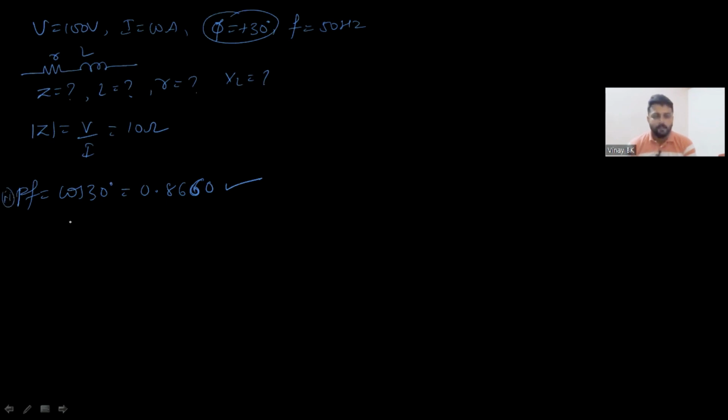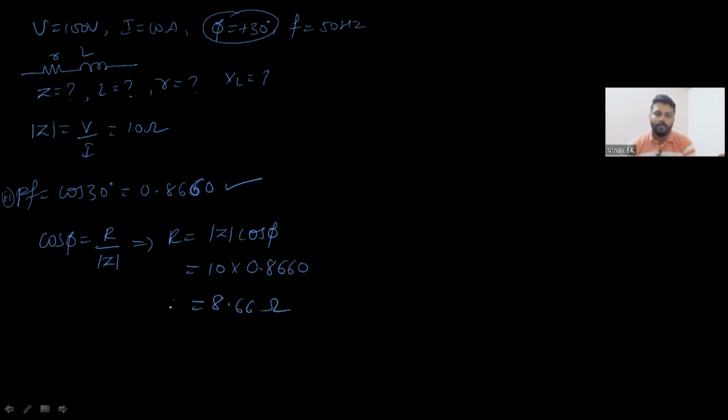Next you can calculate R. If you define cos phi equals R divided by the modulus of Z, you get R equals Z into cos phi, that is 10 into 0.8660. You get 8.66 ohm.